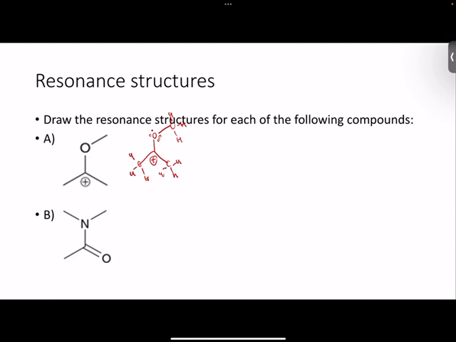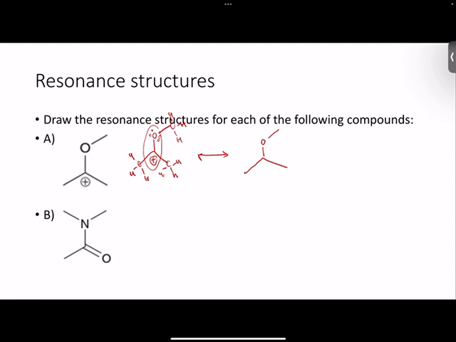But our oxygen has lone pairs, and our carbon in there has a positive charge. So actually these two can interact with each other. So then we can all remember our tail of our arrow is gonna either be placed on a lone pair, on a double bond, or a triple bond.